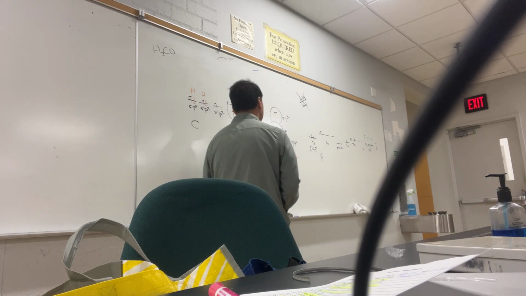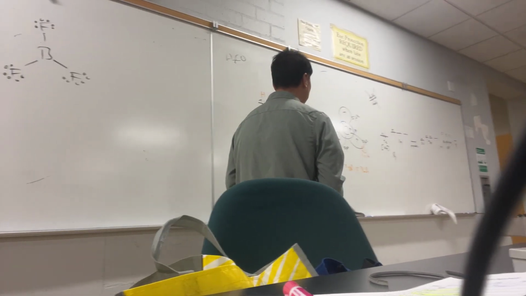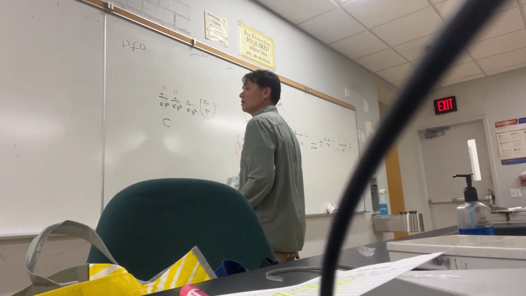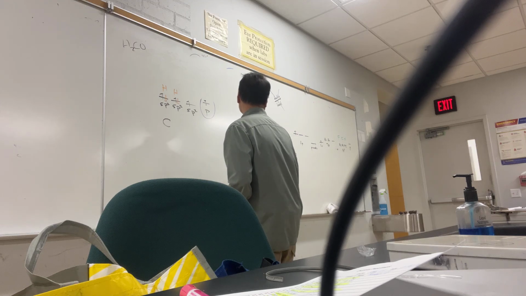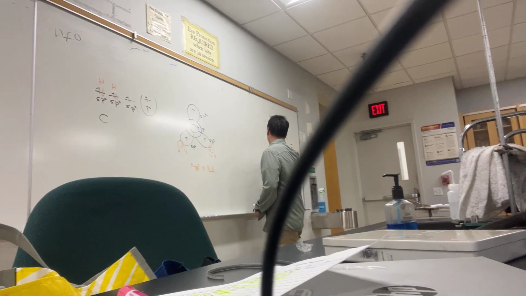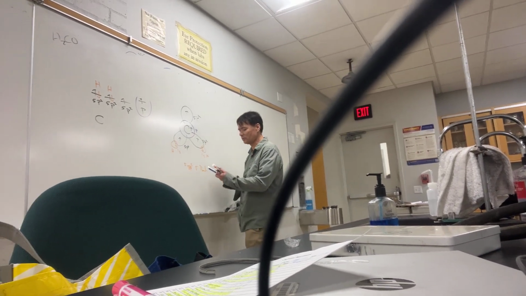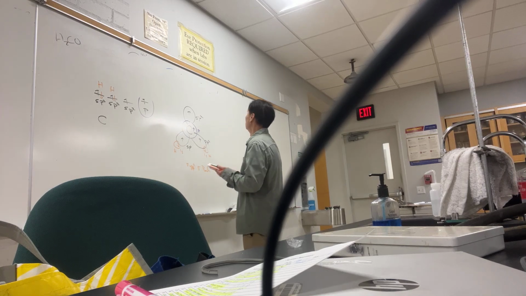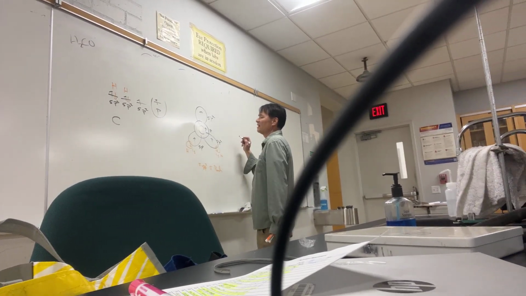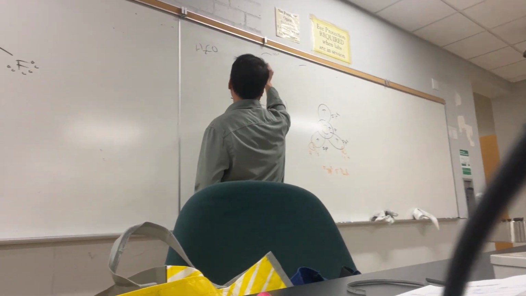And so when I look at the Lewis structure here, I come up with something that looks like this. And I see that carbon has 3 groups, 2 singles and a double. Oxygen also has 3 groups, 2 lone pairs and a double. So what I'm going to do is hybridize oxygen as well.